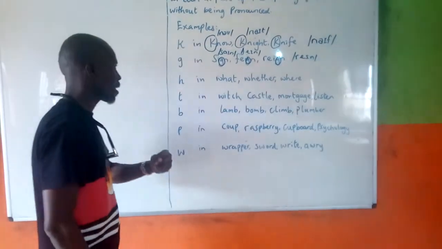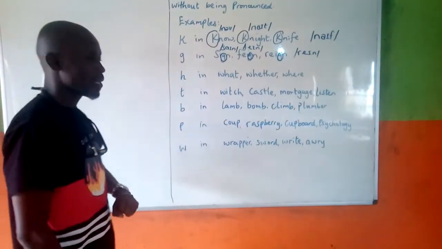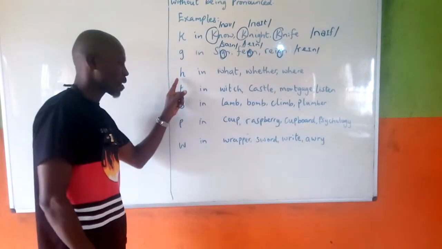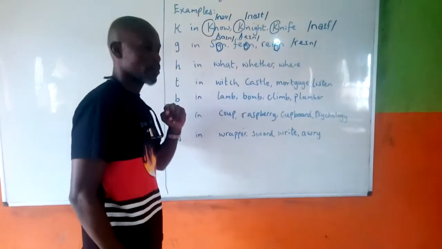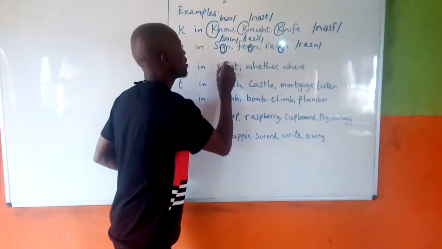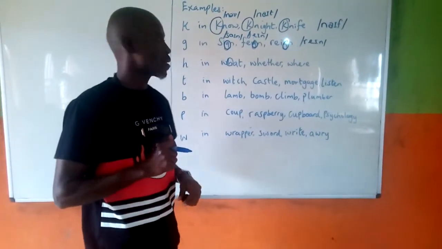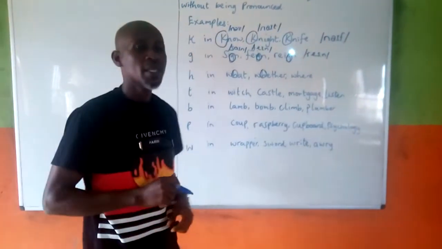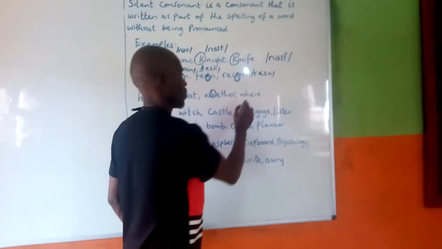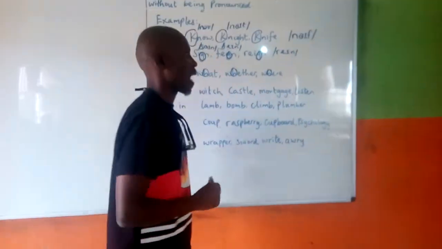Now let's look further. Now let's look at the letter H. This is another consonant sound. It's actually glottal. Now in "what", the letter H is silent. In "whether", the letter H is silent. In "where", the letter H is silent.